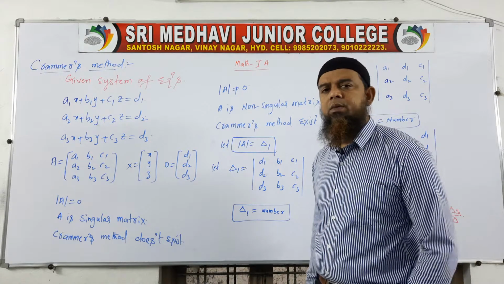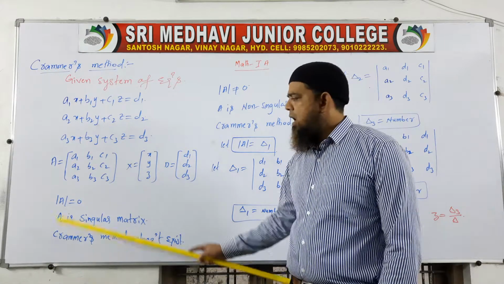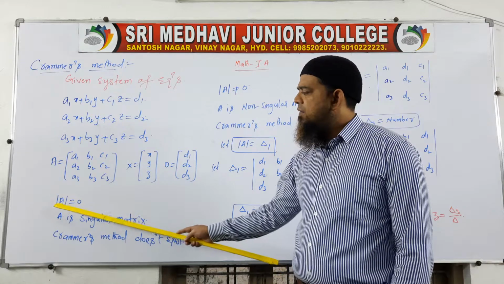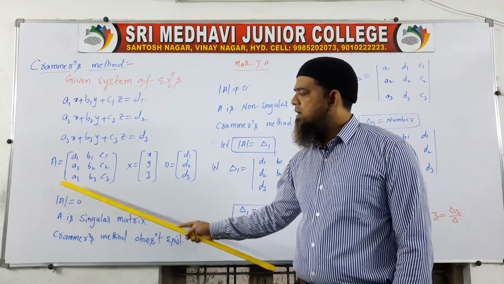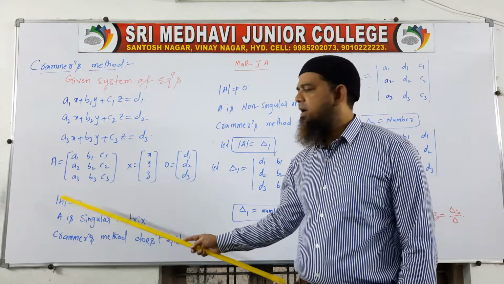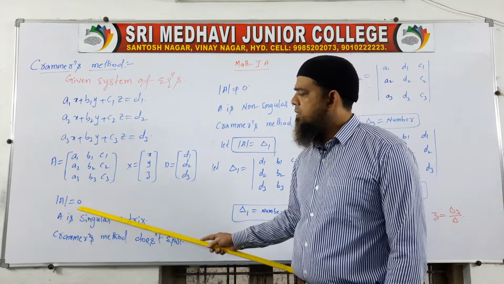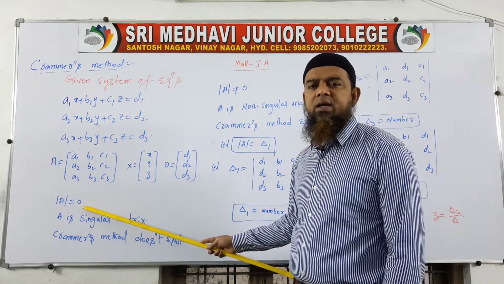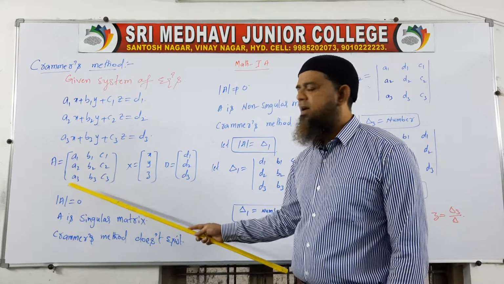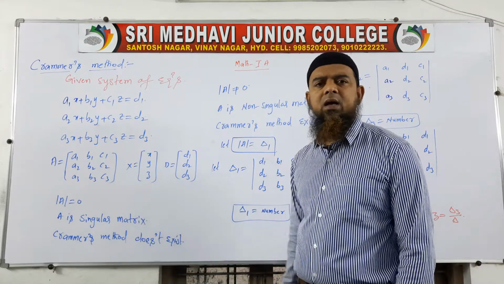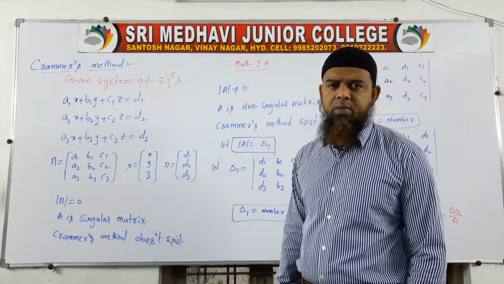Now we have to find det A. When you find det A, these 2 straight lines are like modulus, no? Don't read it as modulus, read it as det A. First you find det A, and see whether you are getting 0 or any number.